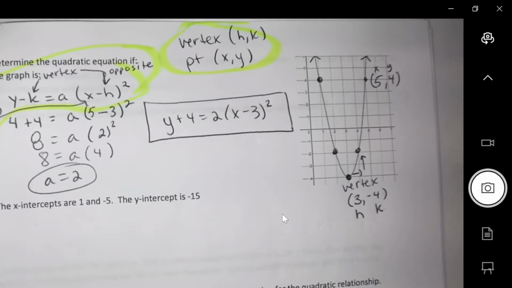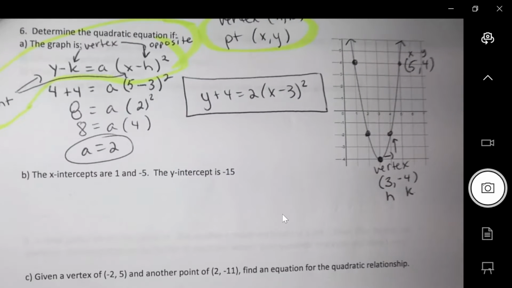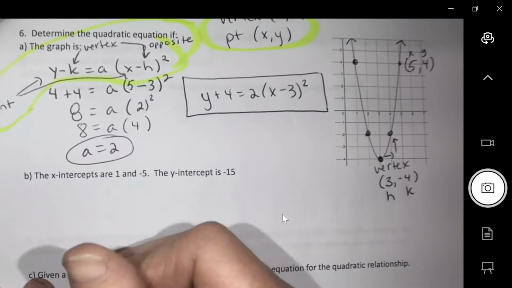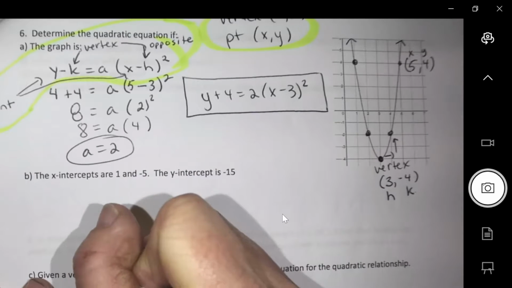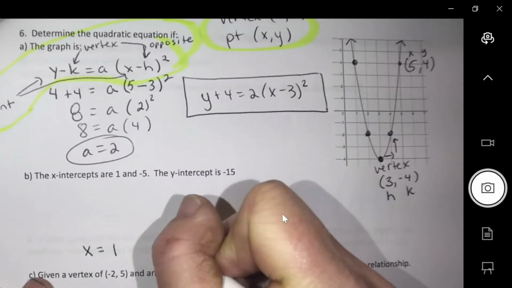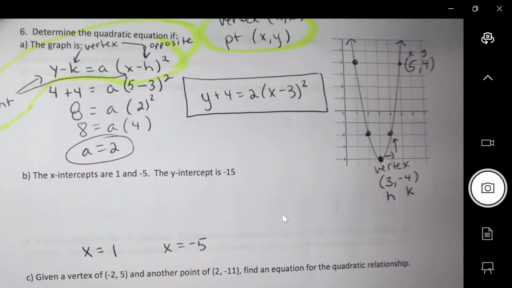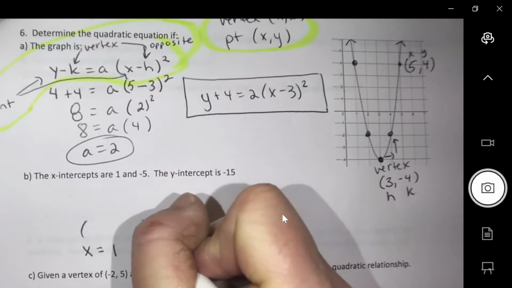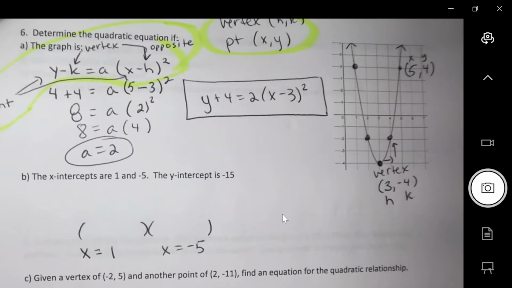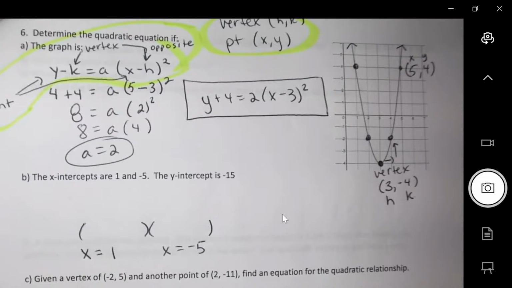Okay, the x-intercepts are 1 and -5. So let's pretend that's how we ended up. The ending up was that x equals 1 and x equals -5. How did I get that? By factoring. What are the factors above that?